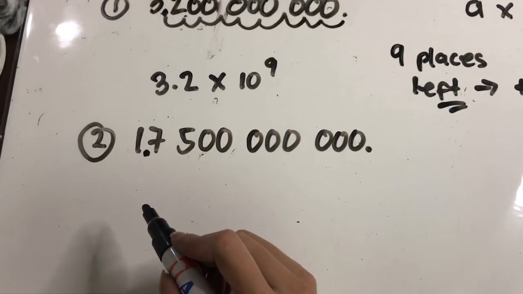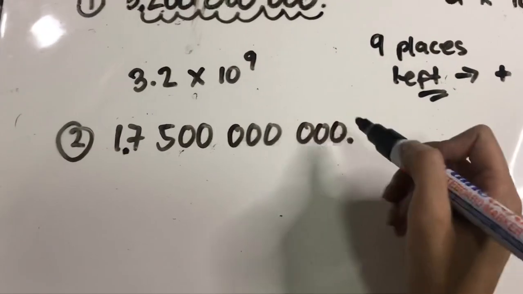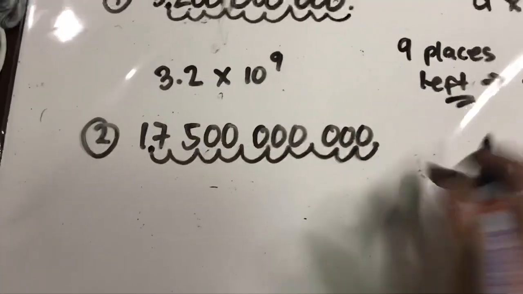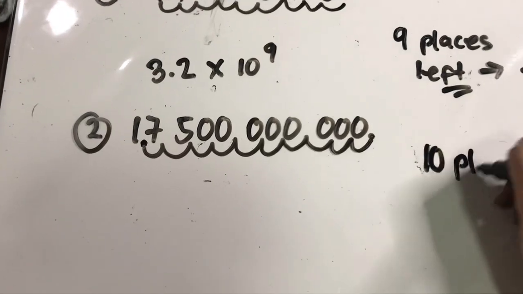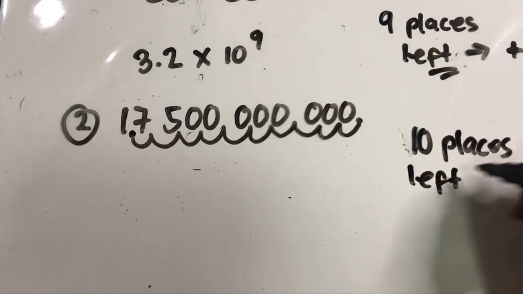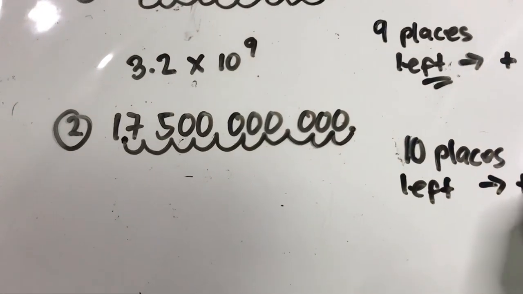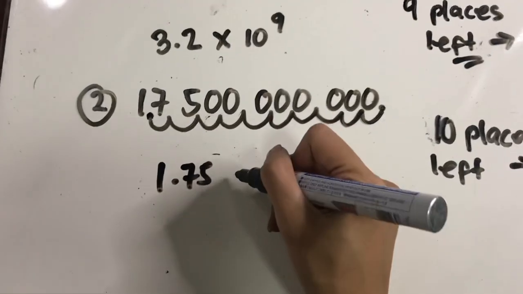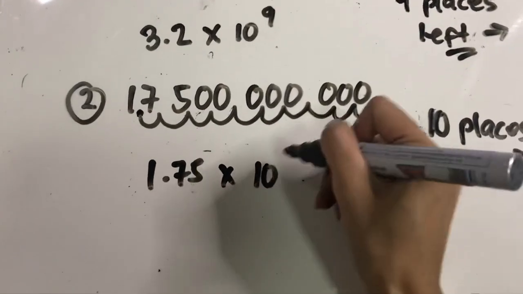It is greater than 1 but less than 10. So good. Let's move the decimal point. We move 10 decimal places to the left so that the exponent will be positive. So it will become 1.75 times 10 raised to 10.